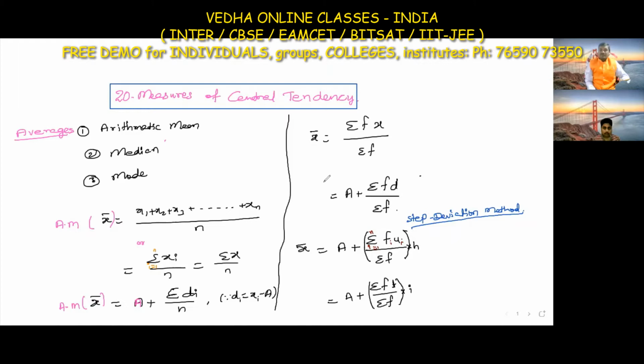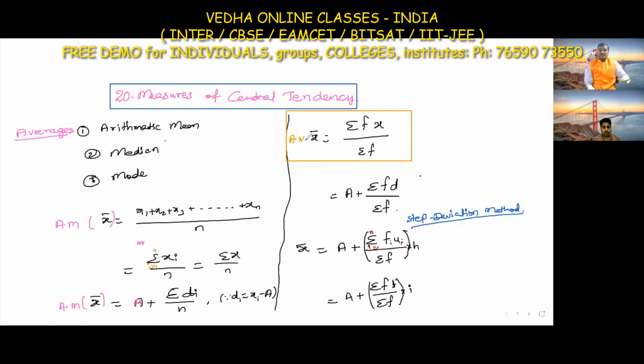Or if you have a frequency table, then we use this formula: x bar, the arithmetic mean, is equal to sigma fx by sigma f.